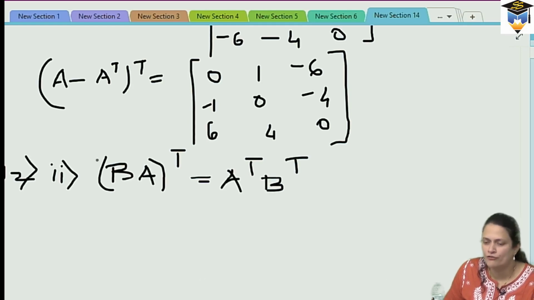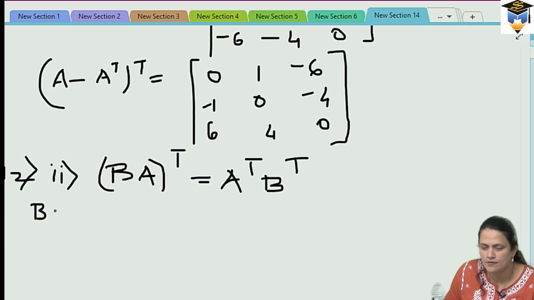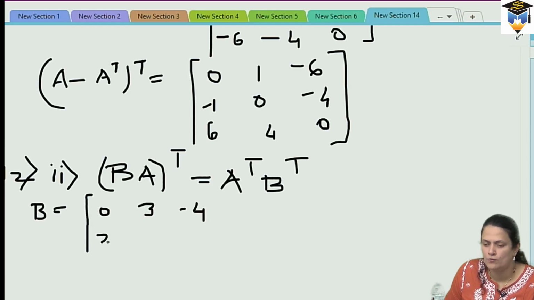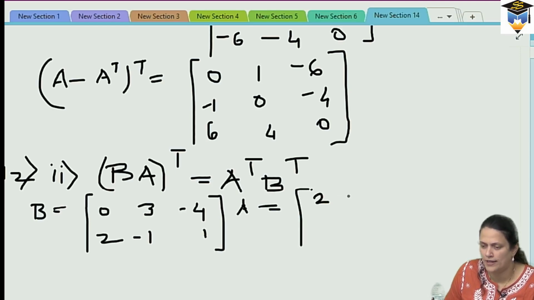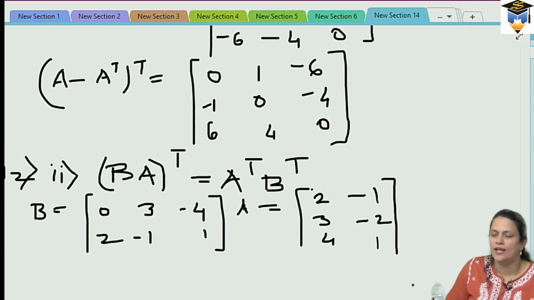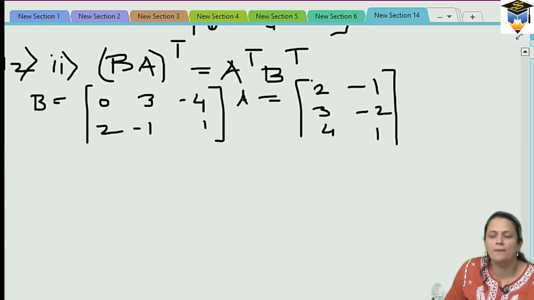So first they have given us matrix B as 0, 3, minus 4, 2, minus 1, 1, and matrix A is given to us as 2, minus 1, 3, minus 2, 4, 1. Now let us find out the multiplication.